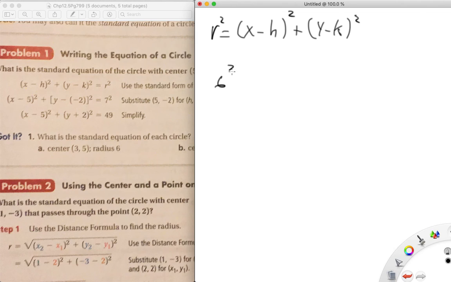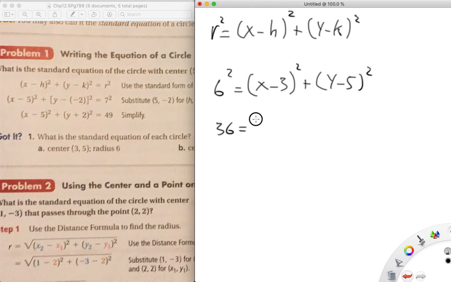So it's 6 squared equals x minus 3 squared plus y minus 5 squared. 6 squared is 36, so 36 equals x minus 3 squared plus y minus 5 squared.